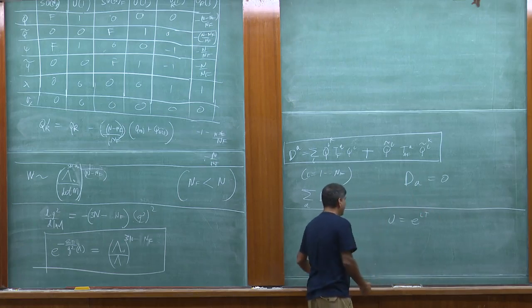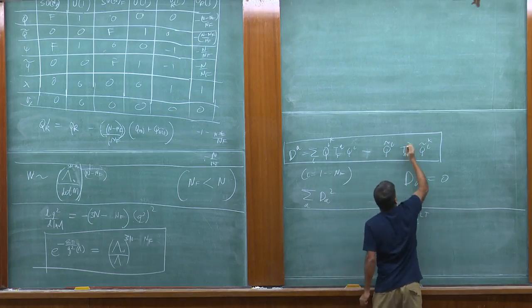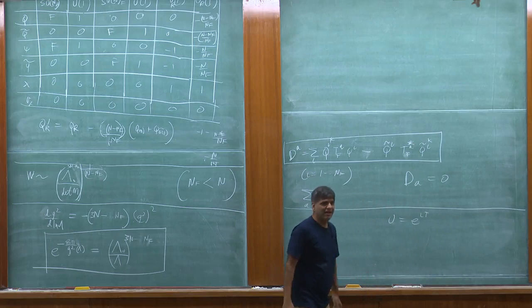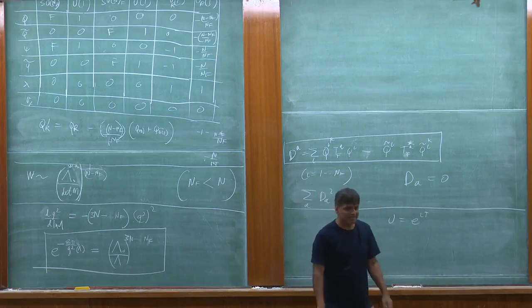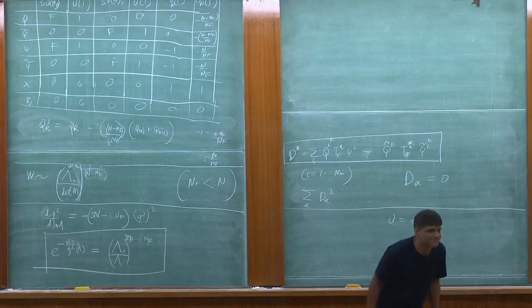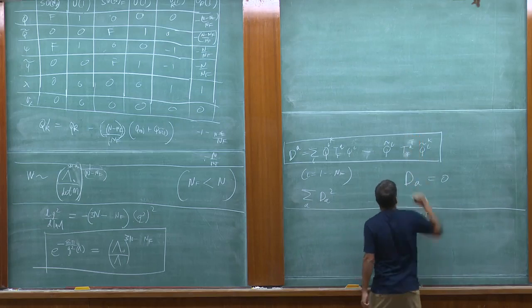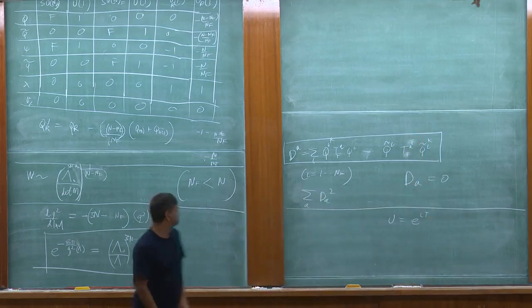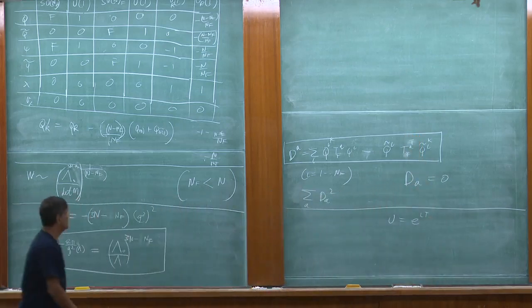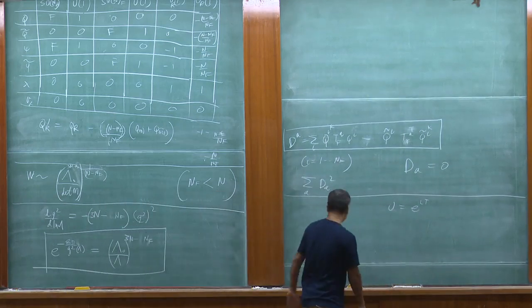Okay, so TA anti-fundamental is minus the complex conjugate of TA fundamental. But since these guys are all Hermitian objects, complex conjugate and transpose are the same thing. Okay, so let's write this as minus with transpose. Okay, great.